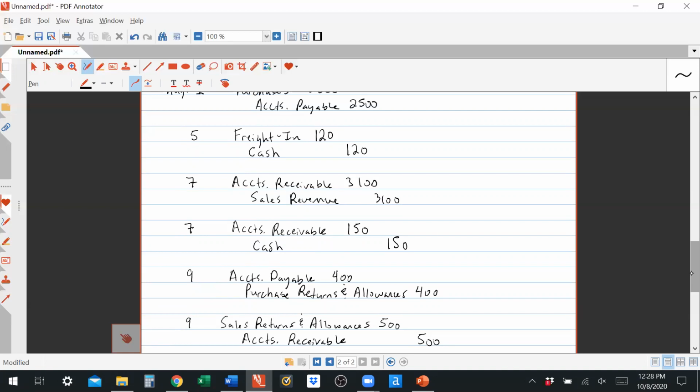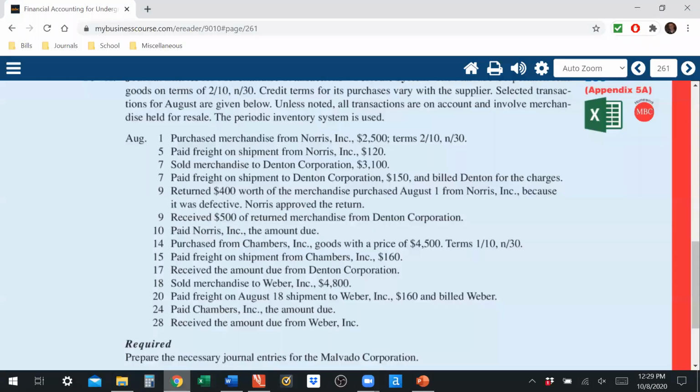The first August 9th, it's like we're the buyer, and we're returning stuff that we bought. The second August 9th, we're the seller and we're receiving stuff returned to us that we previously sold. You're welcome. This is a great problem because you get to see from all standpoints, both from the buyer and from the seller standpoint.